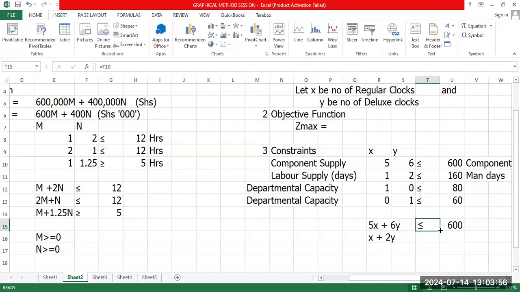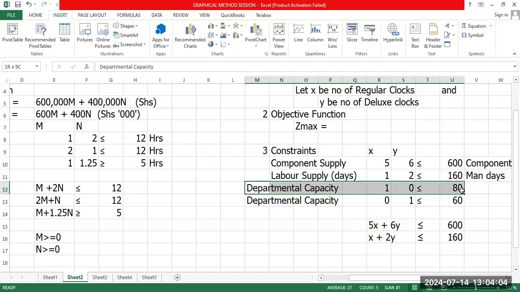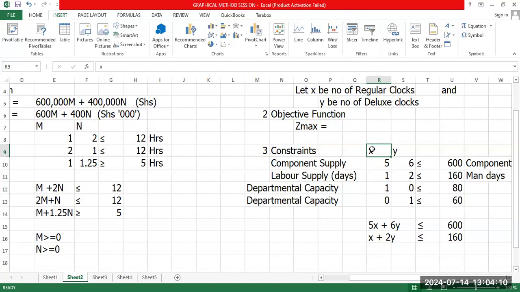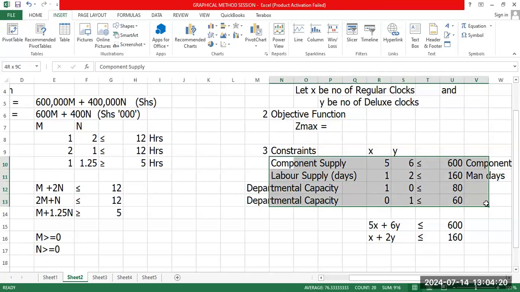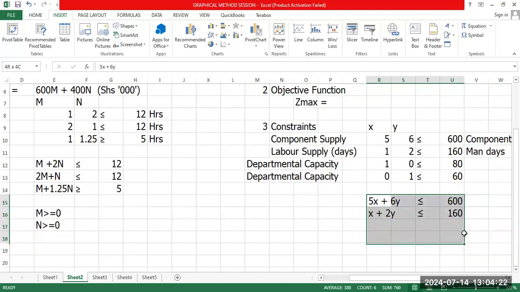Then it should be less or equal to 160. Then here, we are here now, it is 1 times x, which is x. In short, if you get used, you will find that actually you are not doing this step. You will only be doing this immediately, not to waste time.